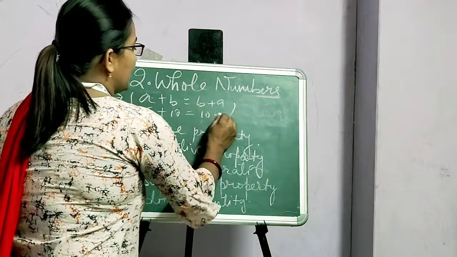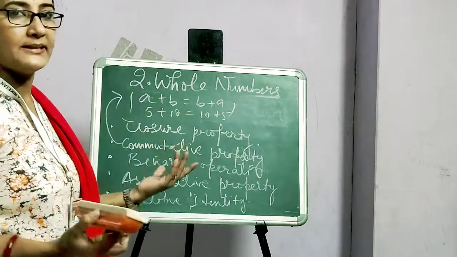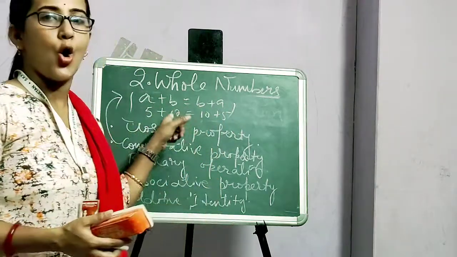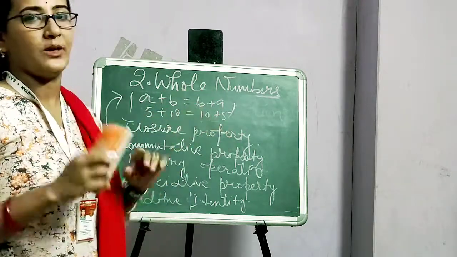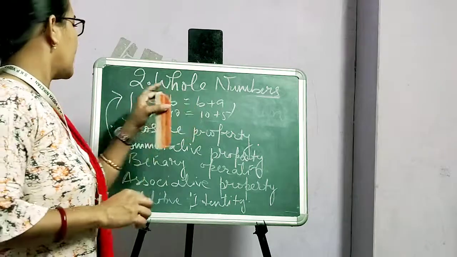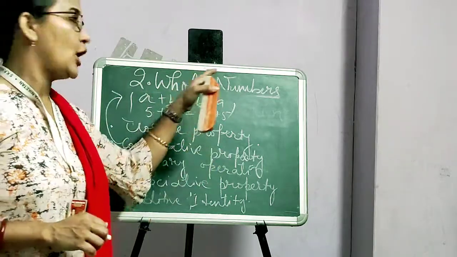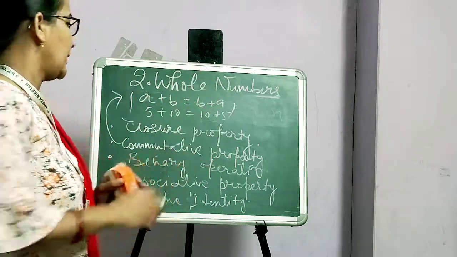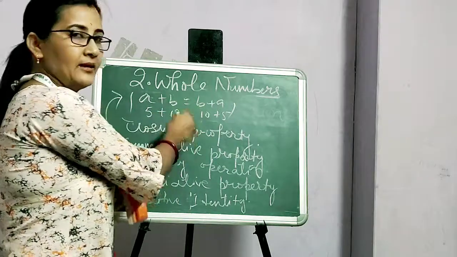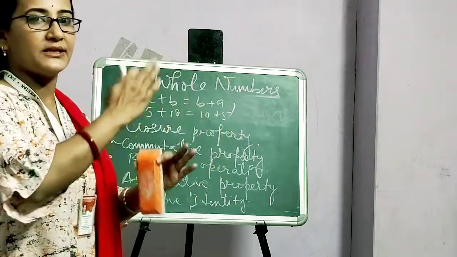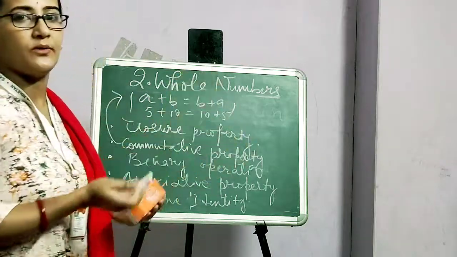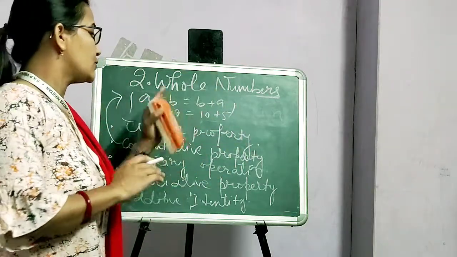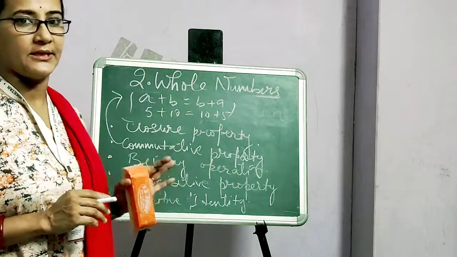Then 10 plus 5, the result will be the same, meaning whatever the order of the numbers, the result will be the same in case of commutative property of addition. Again see, 5 plus 10 is 15, and if you interchange the positions of the numbers, 10 plus 5, it will also be 15. So this is the commutative property of addition.